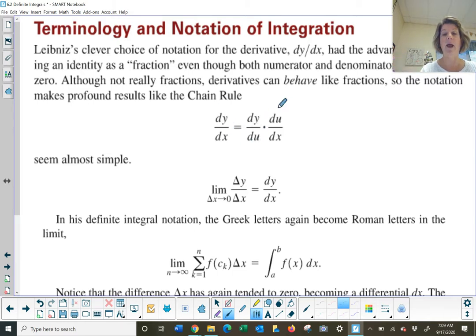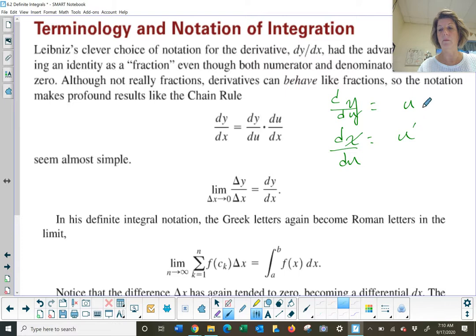So if I had a couple of different functions, and maybe I had y's and u's in it, and maybe I had one function that had x written in terms of u, I could take the derivative with respect to u, and by multiplying these individual equations together, I can get the du canceling and come out with an answer of dy/dx.